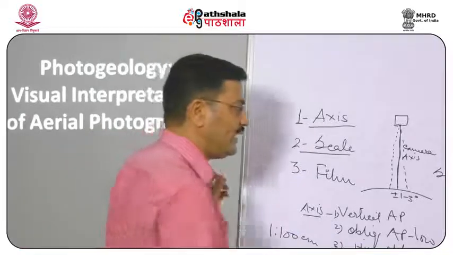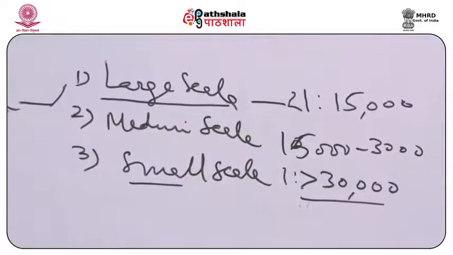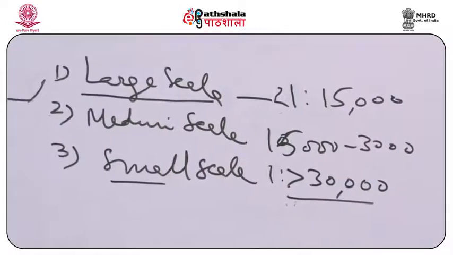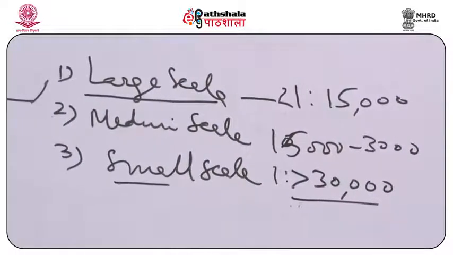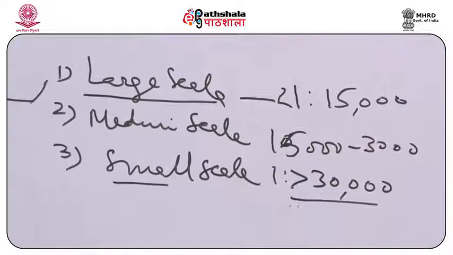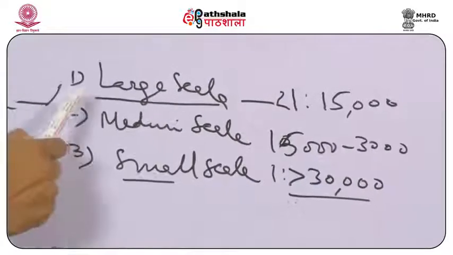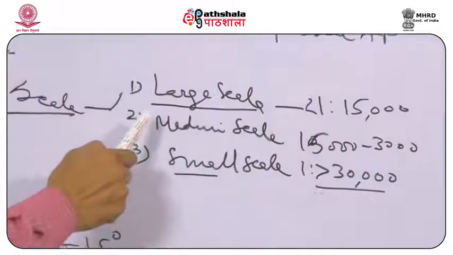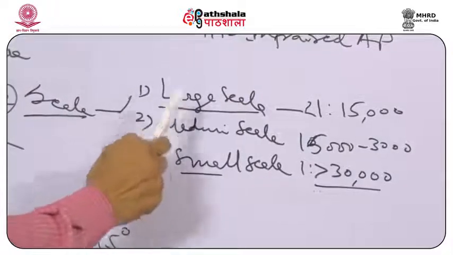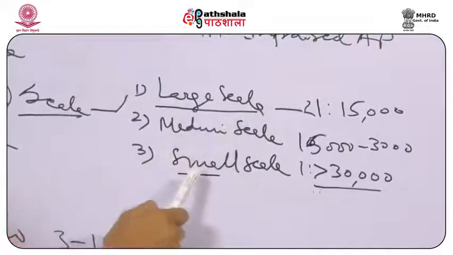Now, if I say large scale photograph, that means if the scale is, say for example, 1:15,000, then we call it a large scale aerial photograph.